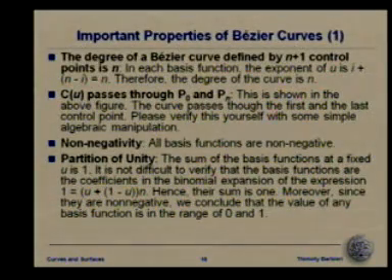What are the most important properties of such a curve? Well, one I already told you: the degree of a Bezier curve. If I have n plus 1 control points, like in my example, 5 control points, it means that the degree of the curve is 4. So with 5 control points, a degree 4 curve.